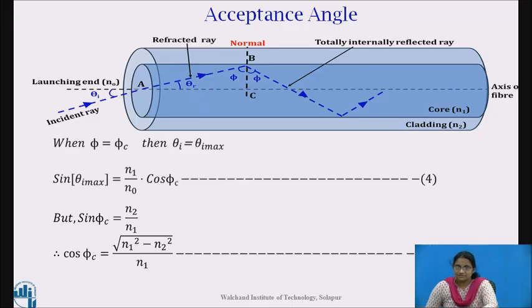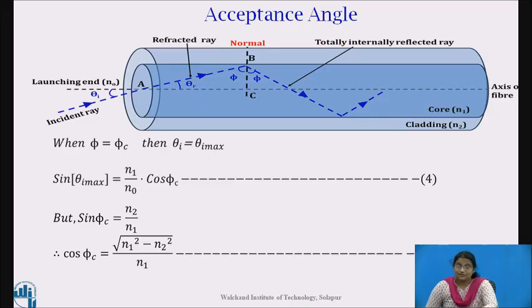When phi is equal to phi c, then theta I will be equal to theta I maximum. So students, in the previous equation, we will replace phi by phi c, and theta I by theta I maximum. Therefore, the equation becomes sin theta I maximum is equal to N1 upon N0 into cos phi c.